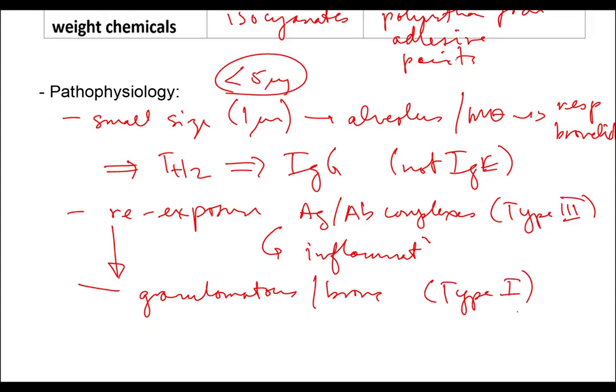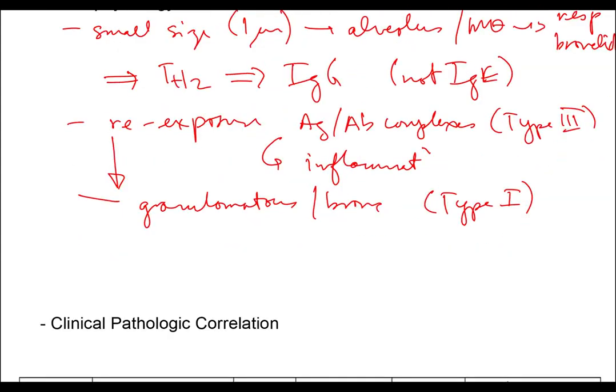So it starts as a classic type 3 antigen antibody production, and then over time with re-exposure develops a type 1 granulomatous response. And then if the exposure goes on chronically at low levels for a long period of time, then it goes on to form the fibrosis.